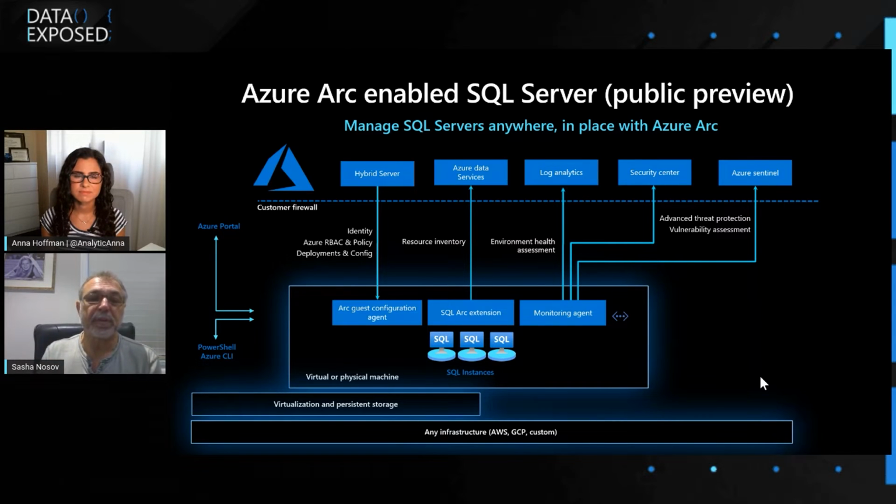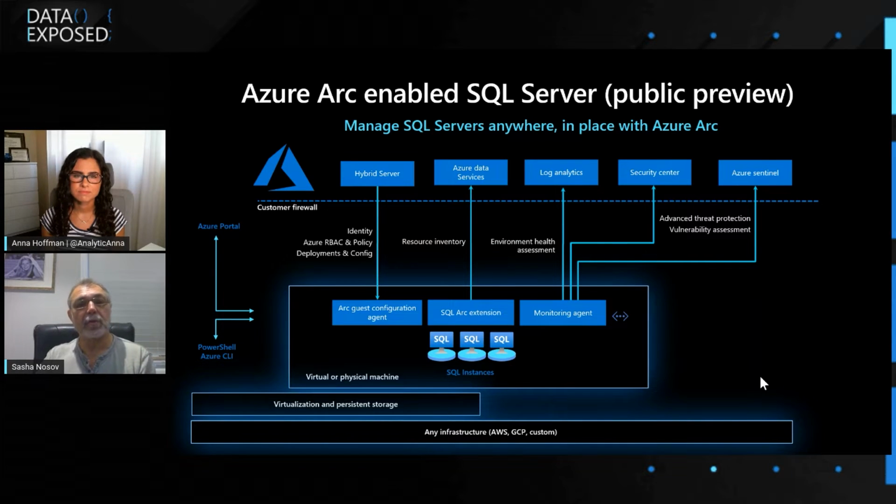Within this physical or virtual machine, we have one or many installed SQL Server instances, which is what we want to improve, so to speak, or manage. Now, to achieve that, we have to install some agents on that machine. These agents will communicate with Azure Services up above.